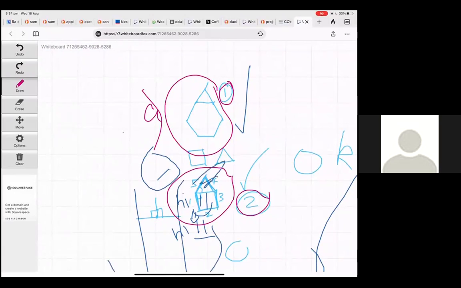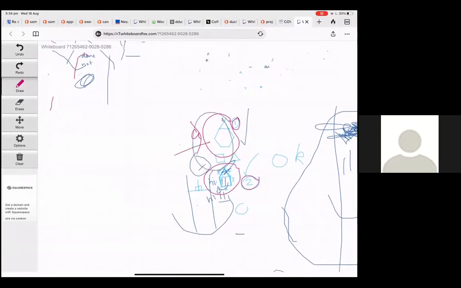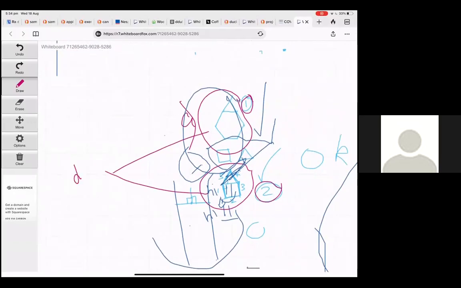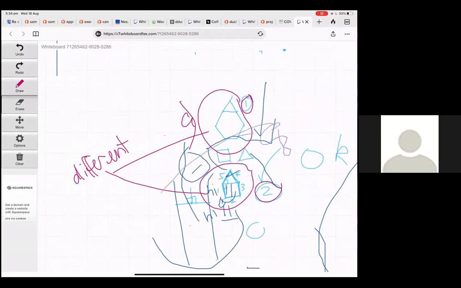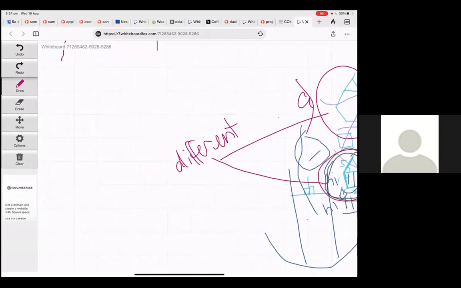Actually, let me ask a question. Can someone tell me why these two are different to each other? We needed them to be different, didn't we? Why are they different? Someone tell me why they're different. I'll draw it separately.